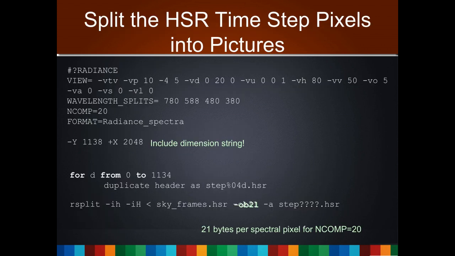To use rsplit, unfortunately, since rsplit doesn't have a notion of what a picture is, you need to create a whole bunch of these info headers, which are essentially the preamble for each picture. Radiance formats are pretty simple. They have a set of ASCII header lines and then data after that.